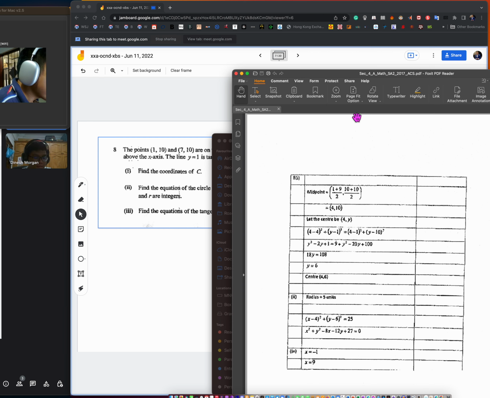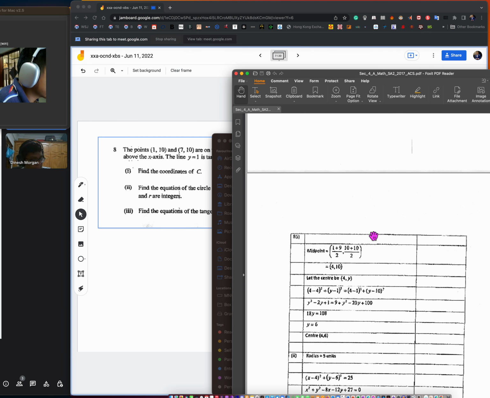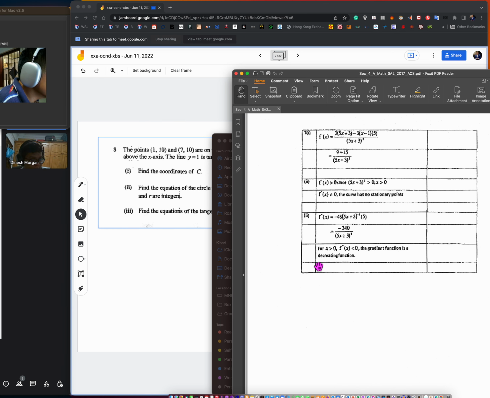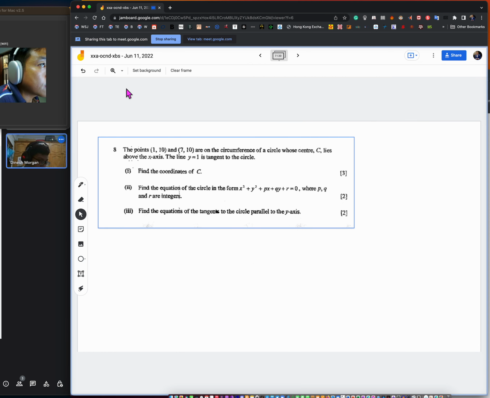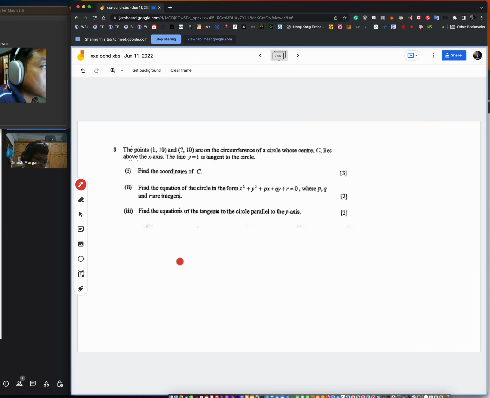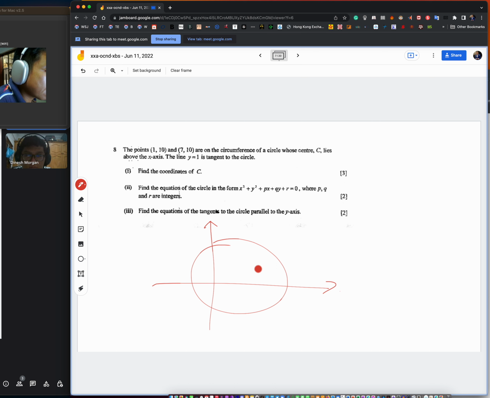Okay, so what is it? The points are on the circumference. So basically, you have this circle, and then you have the 1 and 10, and then you have the 7 and 10.